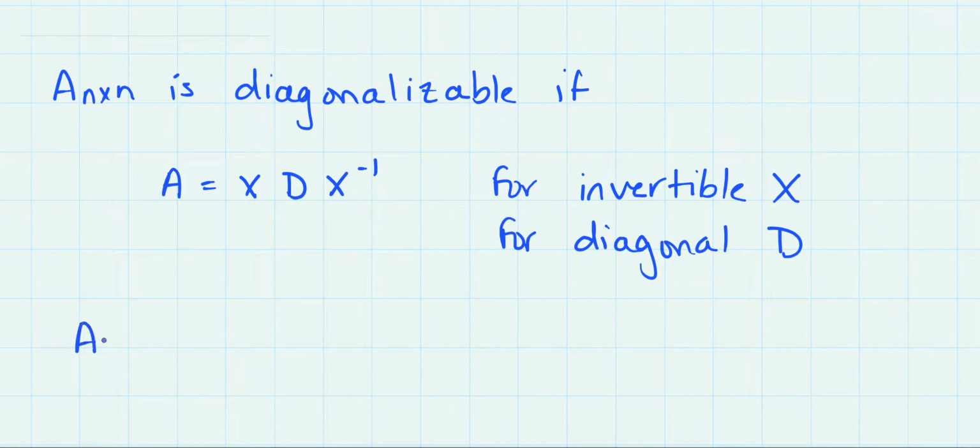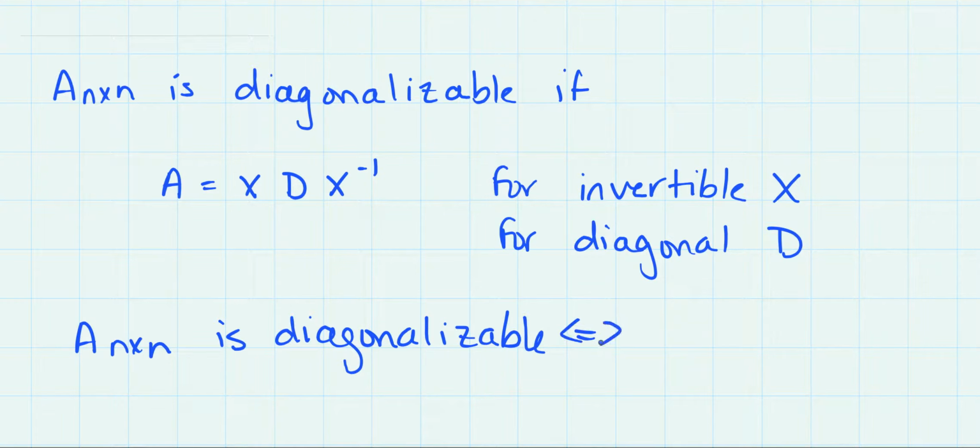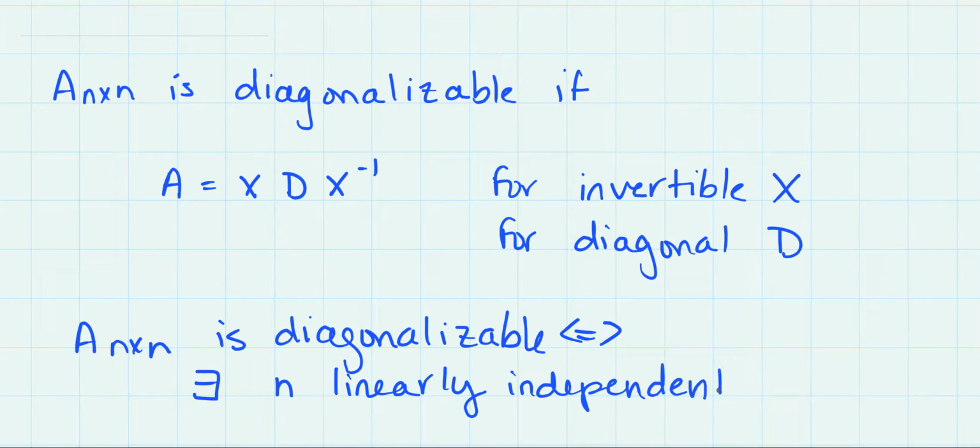We also know that A is diagonalizable if and only if there exist n linearly independent eigenvectors.